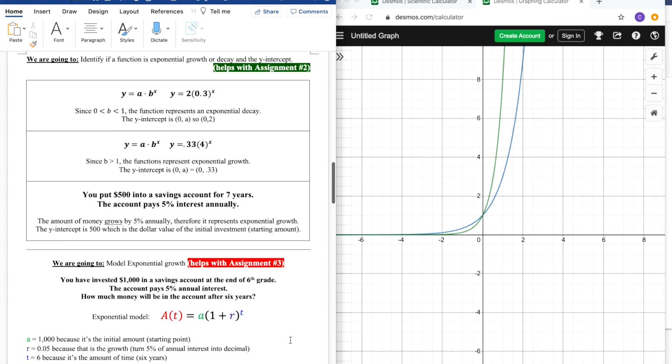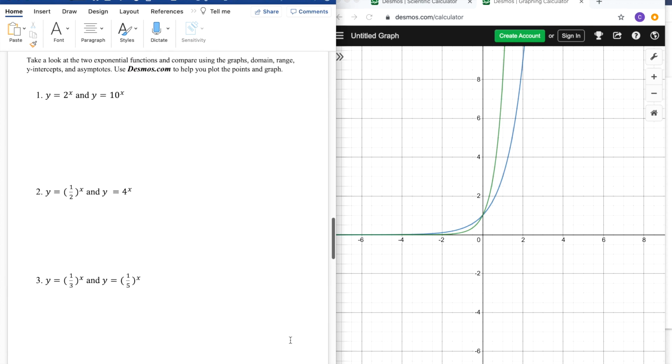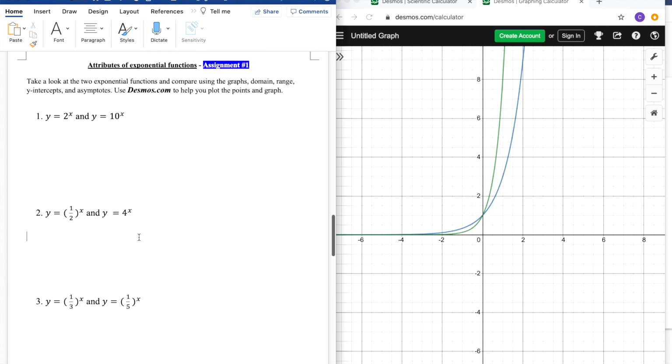So now let's look at our first assignment. I'm going to do number 2 for you. So we have our two functions, y equals 1/2 to the power of x and y equals 4 to the power of x. I'm actually going to change the names of these functions. Keeping them both as y equals just gets too much work for me to refer to one or the other.